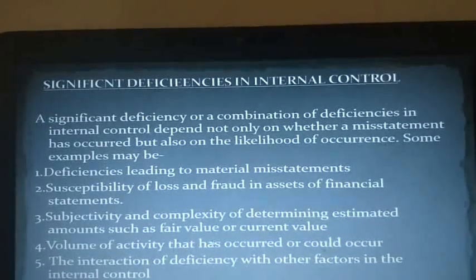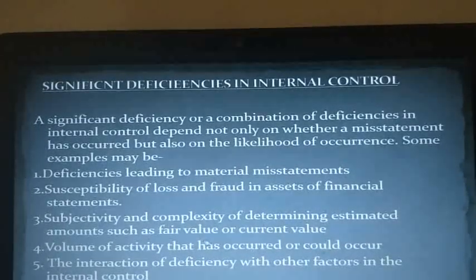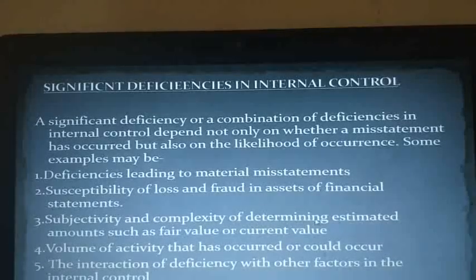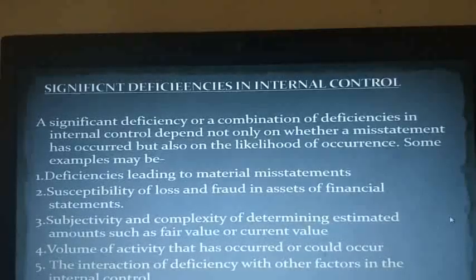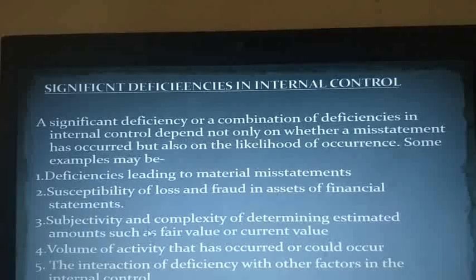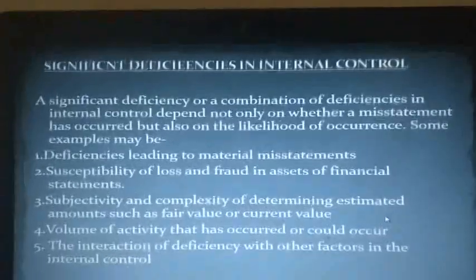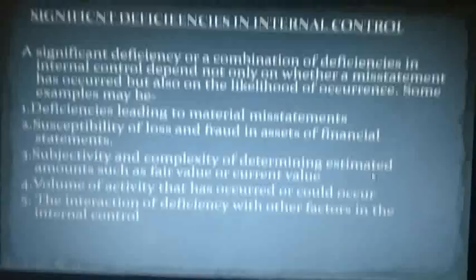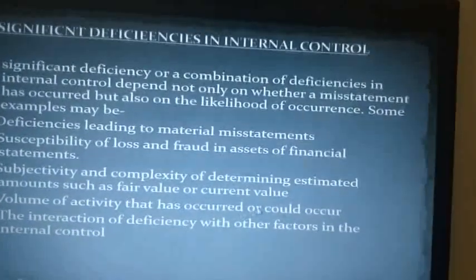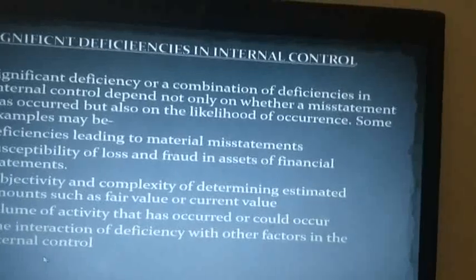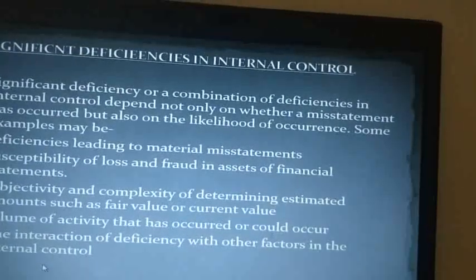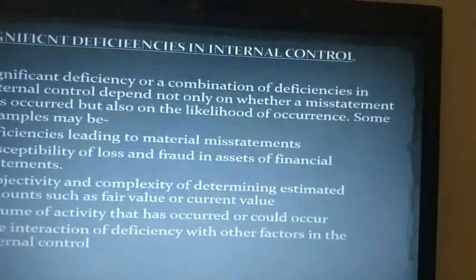What is the fair value of the asset and what is the current value of the asset? Volume of activity that has occurred or could occur. What is the activity that is going to occur, or what will occur in the future? The interaction of deficiency with other factors in the internal control. These are a few examples of significant deficiencies in the internal control.